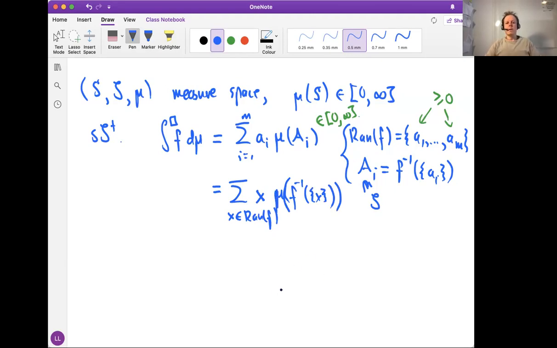This way. And maybe if you like, you could also write this informally as the sum of x times the mu of the set where f takes the value x. So we could write it as mu of f equals x.